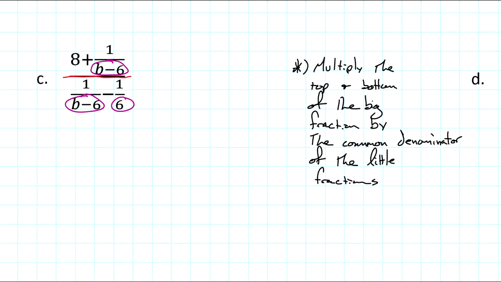So the common denominator we need to recognize as b minus 6 times 6 for the little denominators. So we're going to do that, b minus 6 times 6. We're going to multiply that top and bottom.